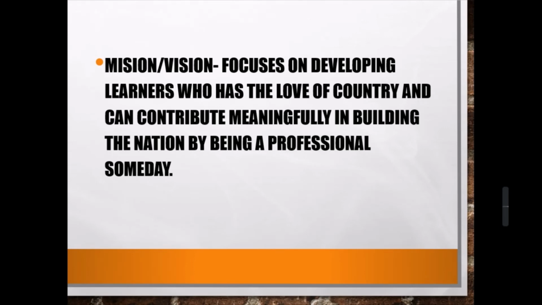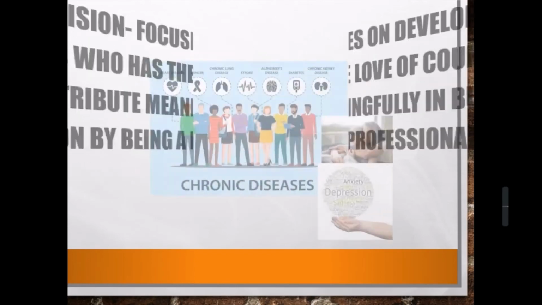Now with the mission vision of DepEd, it needs to be focusing on the development of learners who have the love of country and can contribute meaningfully in building the nation by being a professional someday. So you need to think broad about this specific idea.